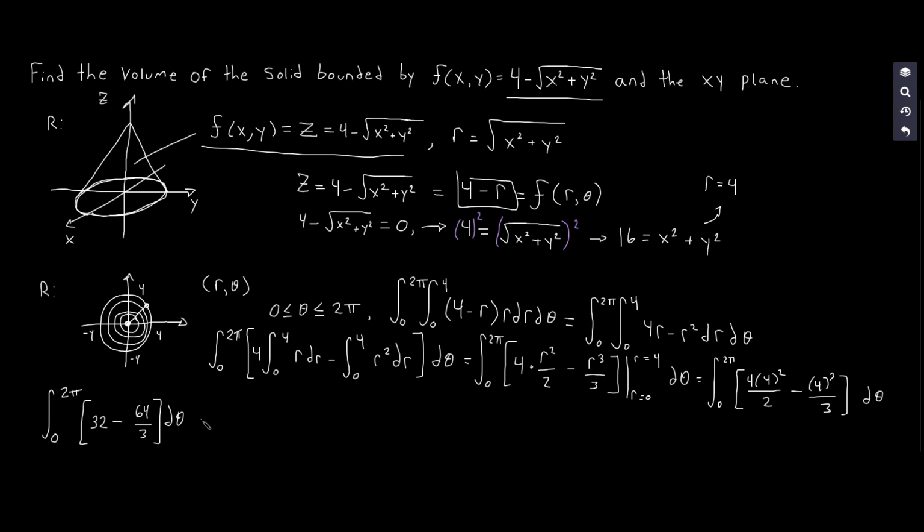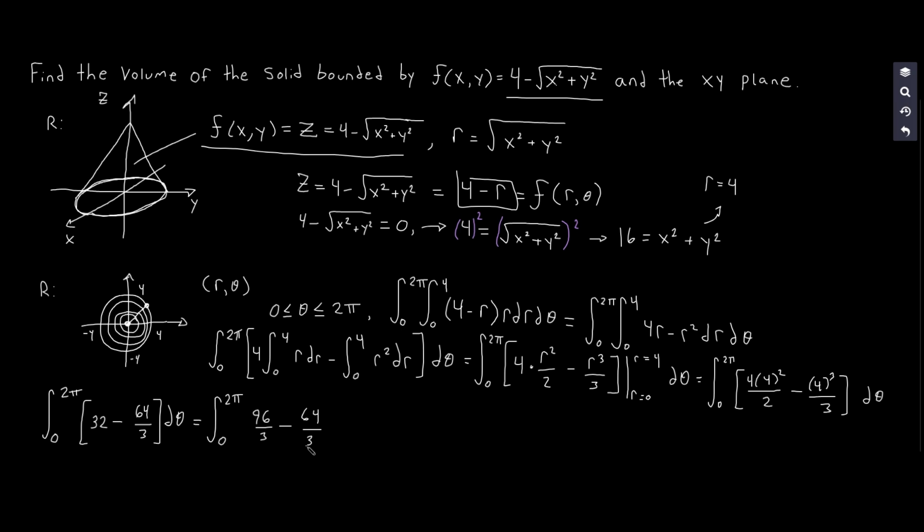So I'm going to see what I can do with this. 32 times 3 is 96, so we'll have 96 over 3 minus 64 over 3.